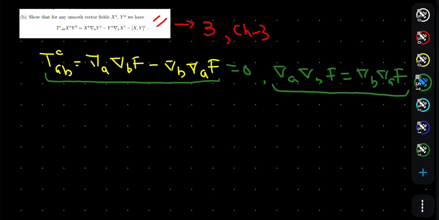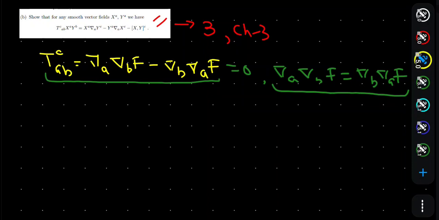But actually, what is the geometric meaning of this torsion tensor? We're going to discuss this in great detail in the next video, but in this particular video we are only going to discuss this particular question. If you want a brief idea, you can think of this torsion tensor as a measurement of the Christoffel symbol.